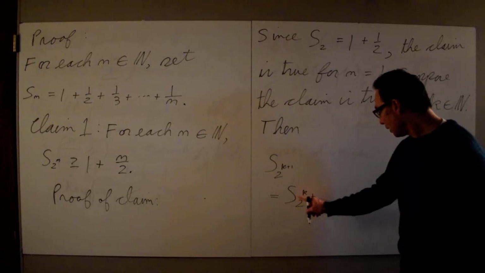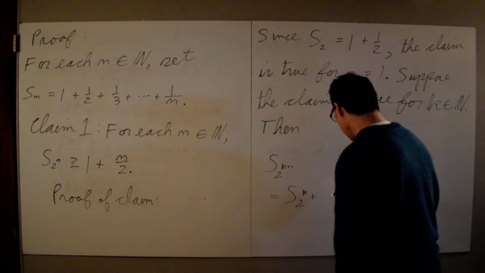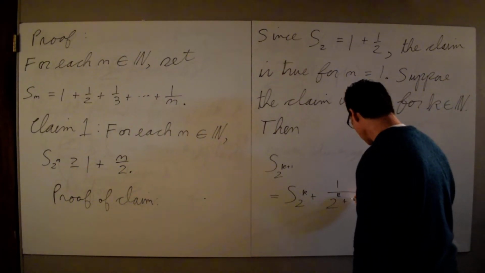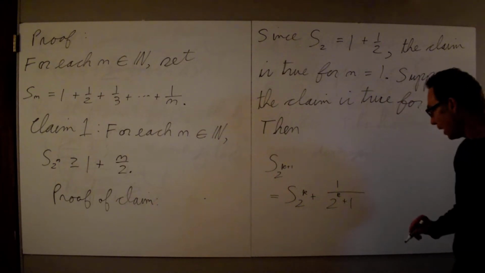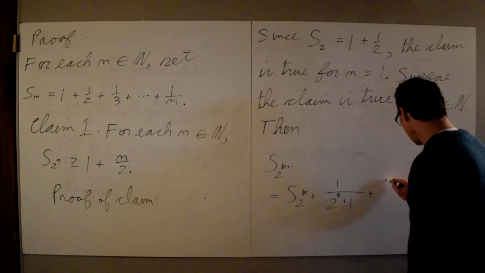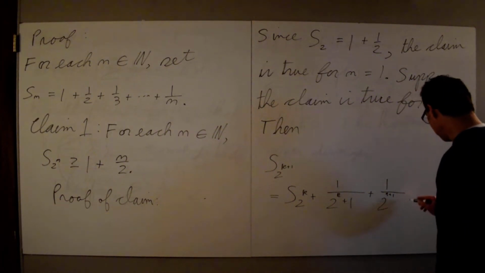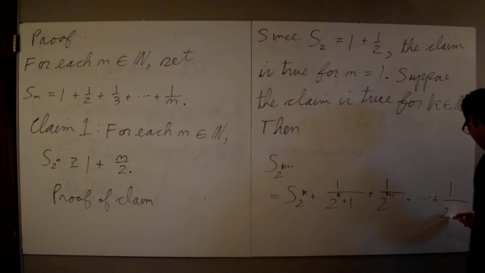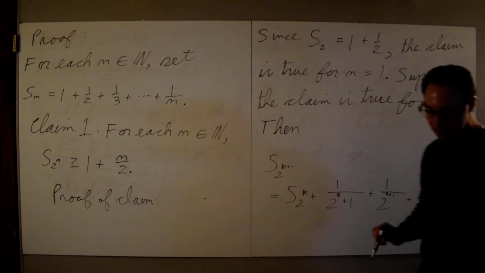So we start with this, and now we have 2 to the k more terms to consider. So we have 1 over 2 to the k plus 1, that is the next term after s sub 2 to the k, plus 1 over 2 to the k plus 1 and so on, out to, where do we stop? 1 over 2 to the k plus 1, with the k plus 1 in the exponent. That's where we stop.